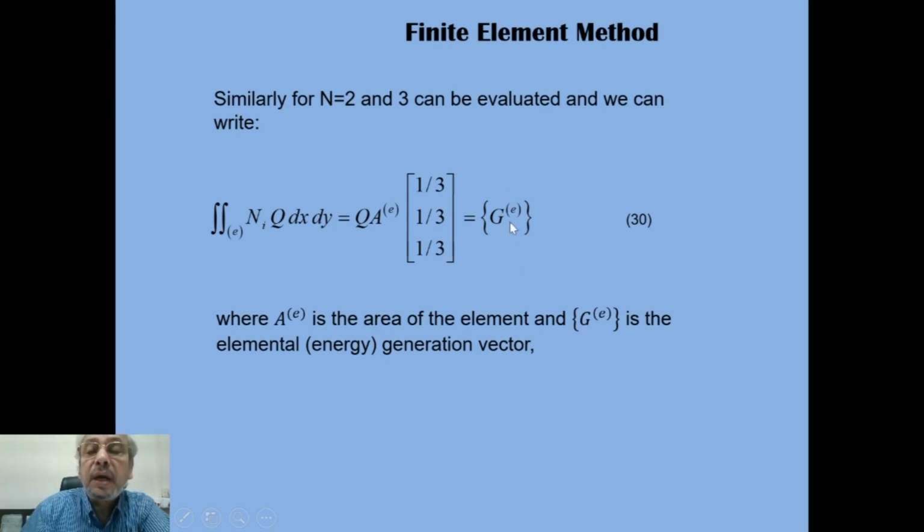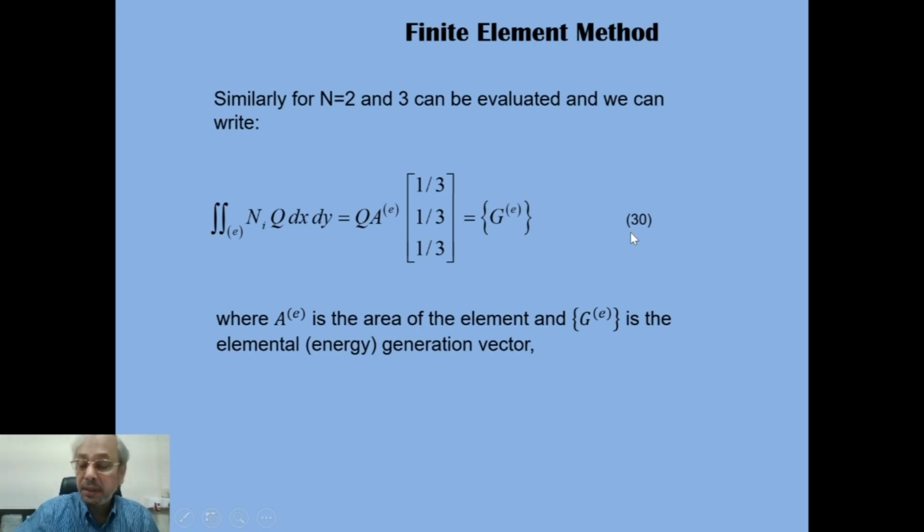That means we'll have 3 rows but a single column vector, and A is the area of the element, and GE is the elemental generation vector, or here we can say it is the heat generation vector. So this is the elemental heat generation or elemental generation vector.